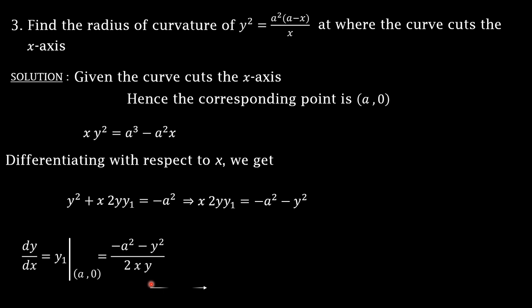But at the point (a, 0), what happens to your derivative over here? Substitute the value of x to be equal to a and the value of y to be equal to 0, so that your derivative tends to infinity, some number divided by 0, that is not defined, right? So over here the corresponding first order derivative at the given point is not defined.